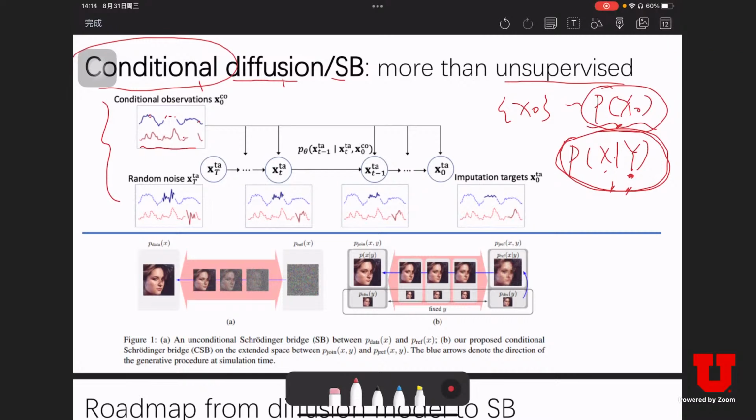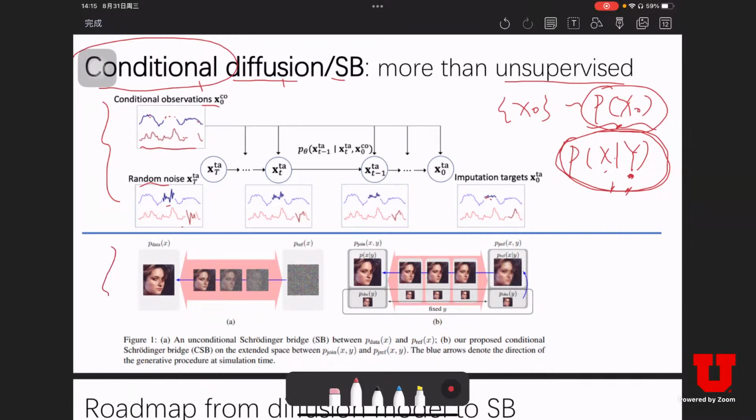The general idea is we first fill the missing values with some random Gaussian noise, and with a well-trained conditional diffusion, the random noise on the missing value parts will finally evolve and match, conditional on the given observations, and give a very reasonable prediction or imputation of the time series. So here is how we use this to do time series imputation or prediction.